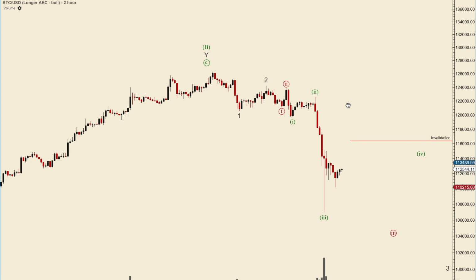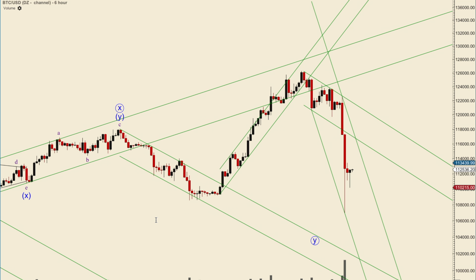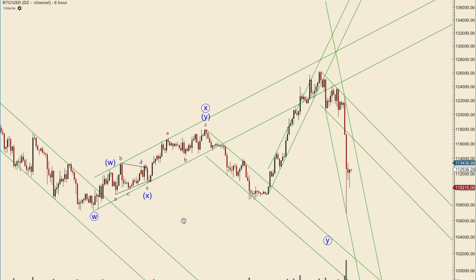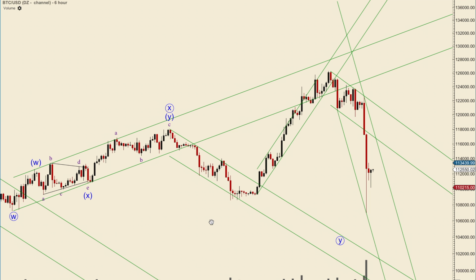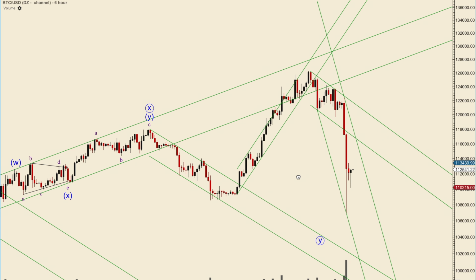So yeah, those are pretty much the scenarios we are looking for, and also this kind of modern art type of thing. These are the channels that you can use to see if a structure is being broken, especially in a corrective structure.